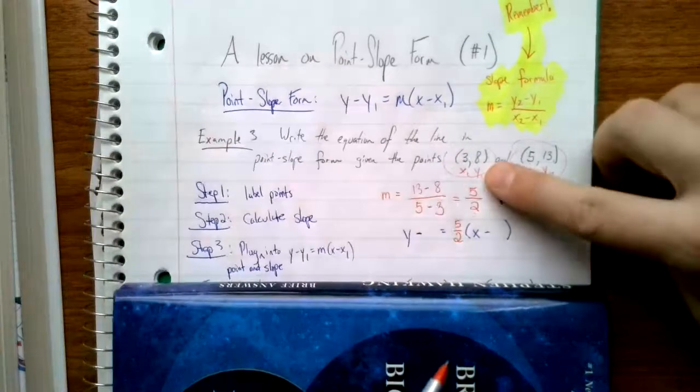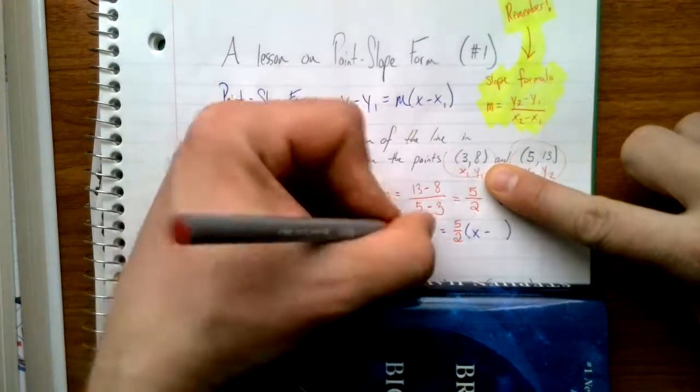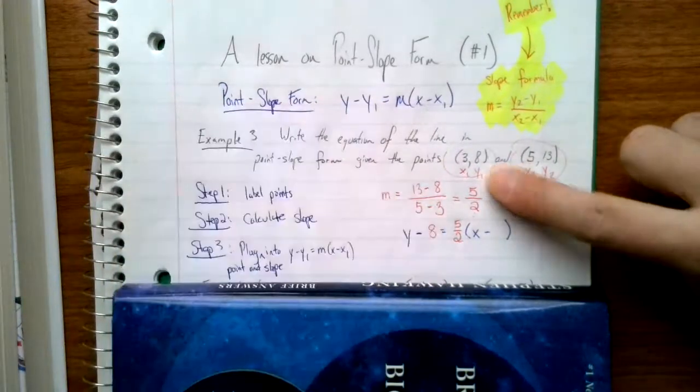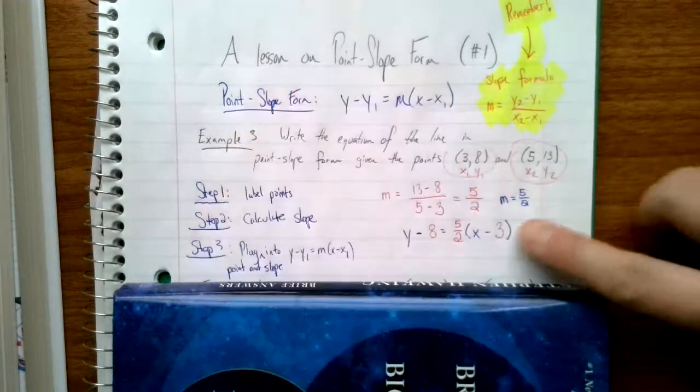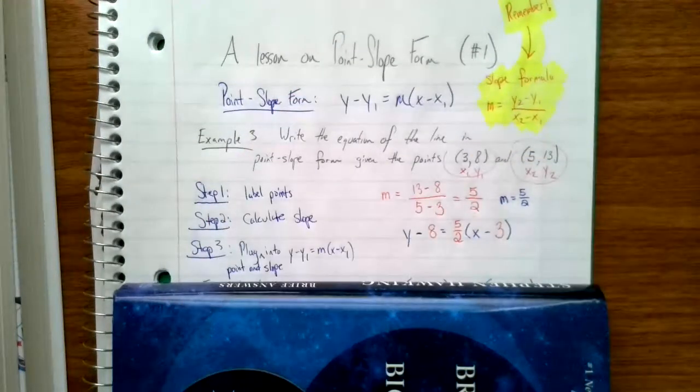And so my y1 is 8, and my x1 is 3. So just a quick recap, we labeled both points, we calculated the slope, and then we picked one of the 2 points and our slope, and we substituted it into the formula.